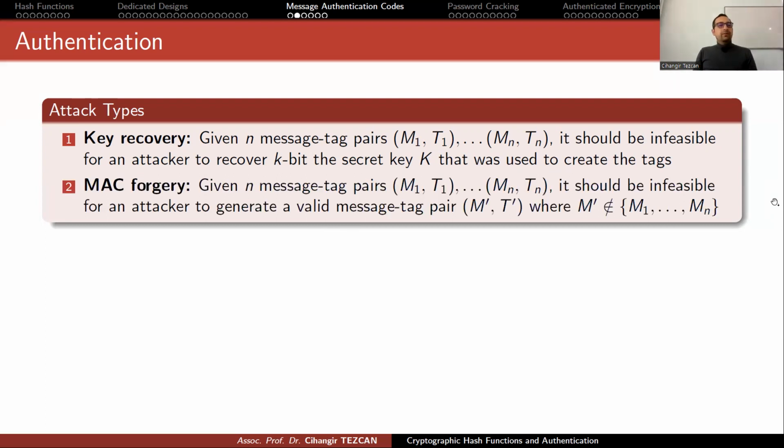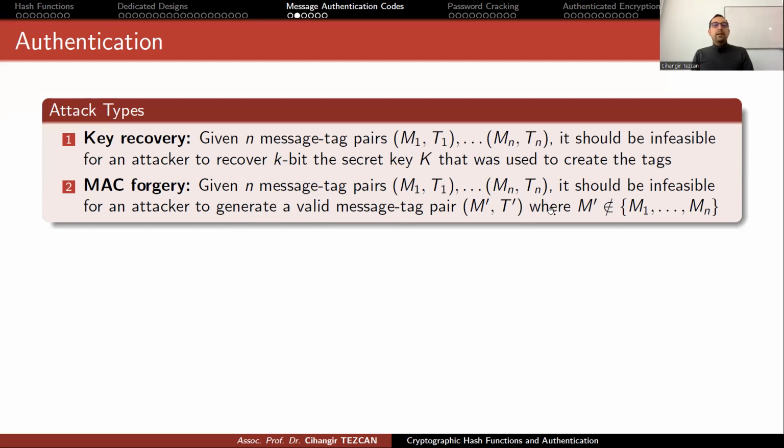But there's another way of attacking it without capturing the secret key, which we call MAC forgery. So MAC here is for message authentication code. In cryptography, when we say MAC, this is what we understand. But in networks, when we say MAC, this is media access control and that kind of stuff. So don't confuse them. Here the forgery works like this. Assume that you obtain many message tag pairs.